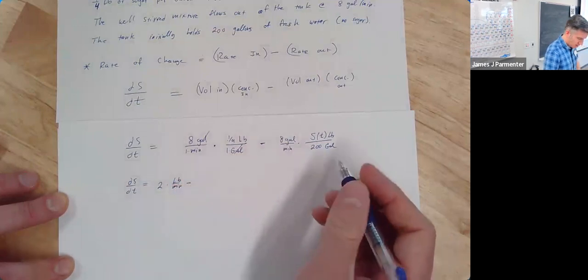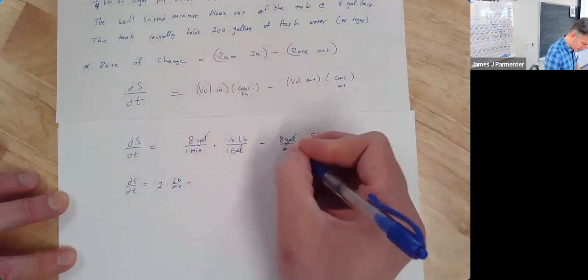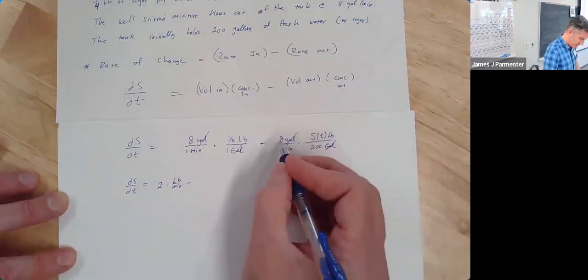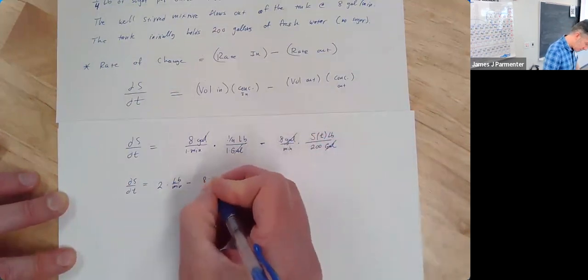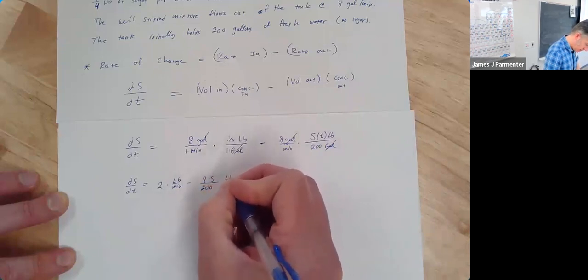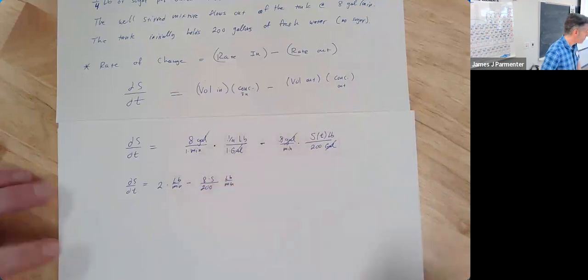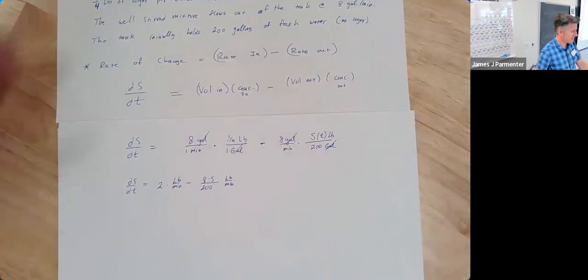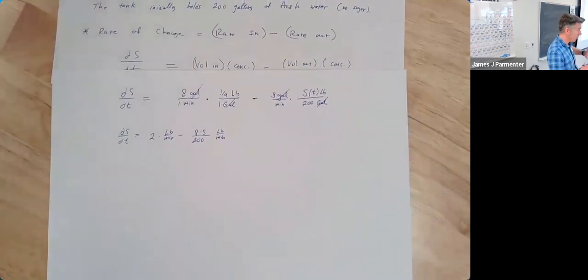Minus here, it's going to be less nice, but we still get the gallons canceling. We're going to get 8 times S divided by 200, and still pounds per minute. If I didn't want to write the units, because it's nice to see how the units are working out, but when you're actually going to start solving the differential equation you don't really want them in there.